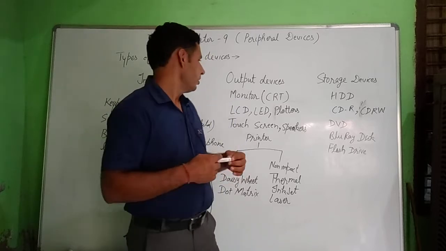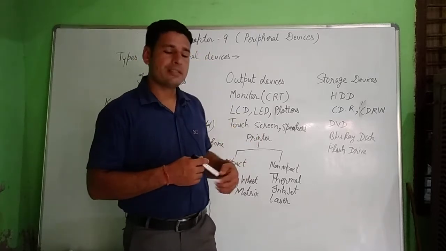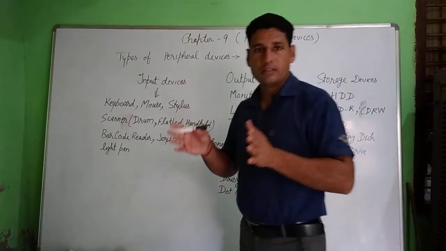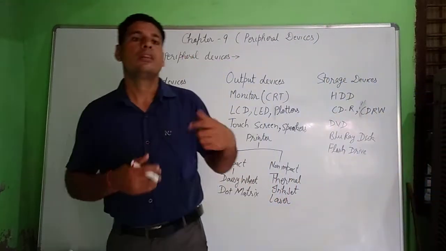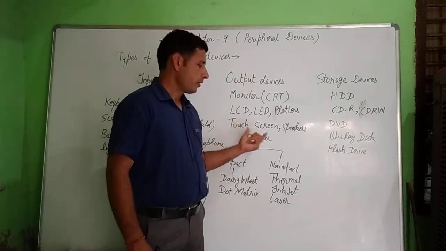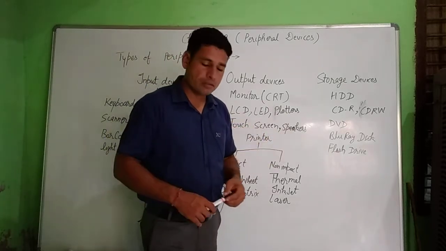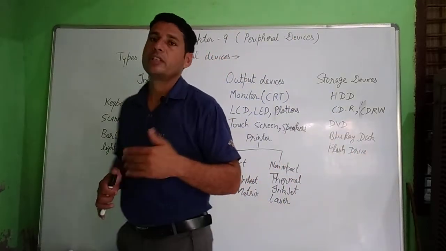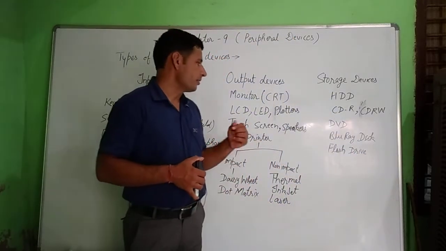Plotter. Next we have touch screen. Touch screen you have seen. We have monitors nowadays which are touch screen. Next we have speakers. Speakers produce sounds. That's why they are output devices.